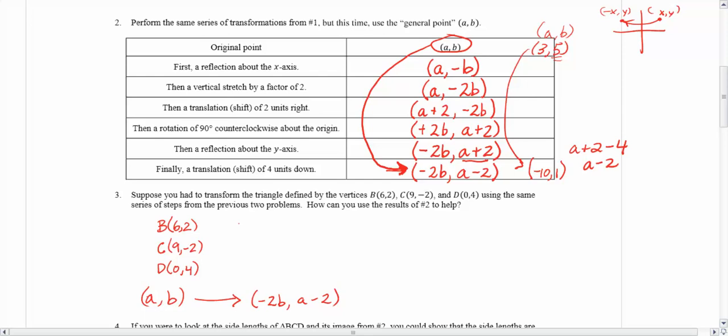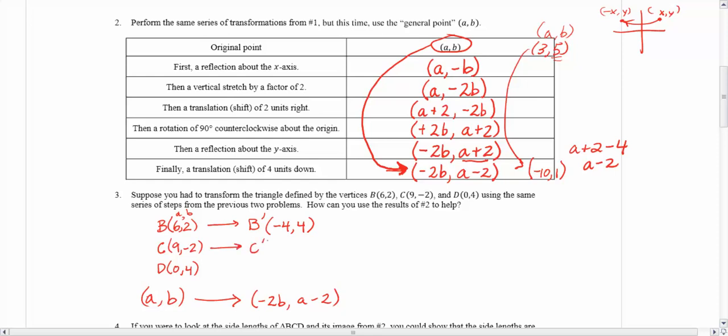So that means (6, 2) is going to turn into the image point. So this is my little a, this is my little b. I'm going to get negative 2b, so negative 2 times 2, negative 4. And then a minus 2 is 6 minus 2, so that's 4.